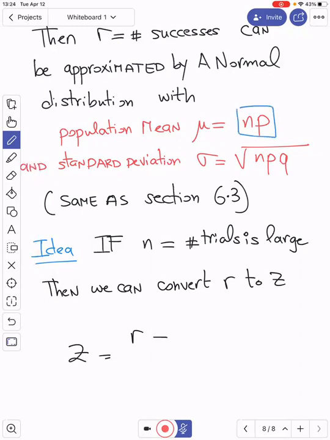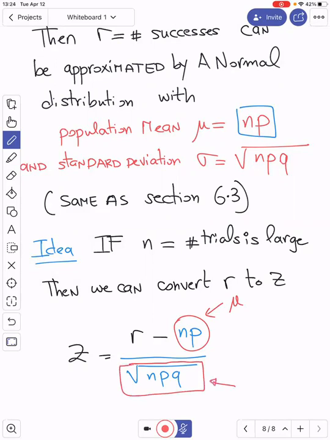The mean is N times P. So R minus NP over sigma, which is the square root of N times P times Q. The NP is mu, and the denominator is your sigma, your standard deviation. So this is like converting X to Z: X minus mu over sigma.